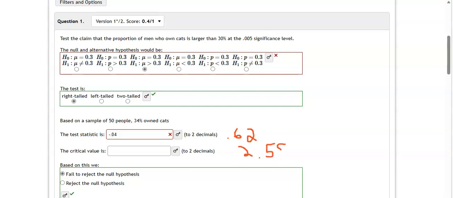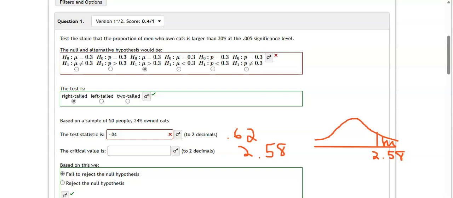Now, since it's a right-tailed test, we need for it to fall in the rejection region. It has to be to the right of 2.58 over here. And of course, our test statistic is certainly not to the right of 2.58.